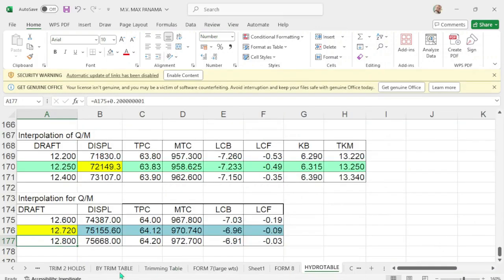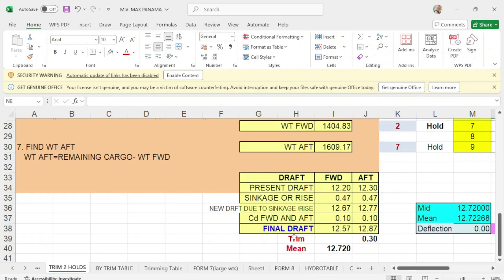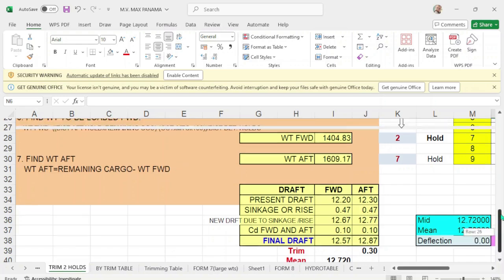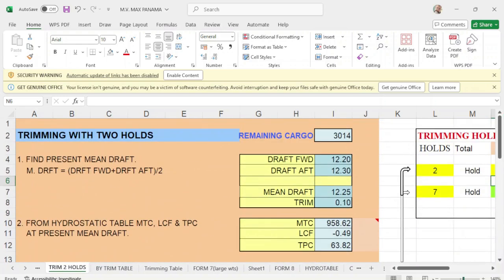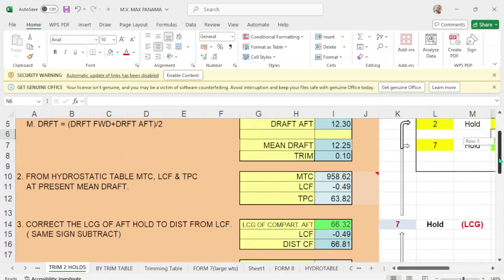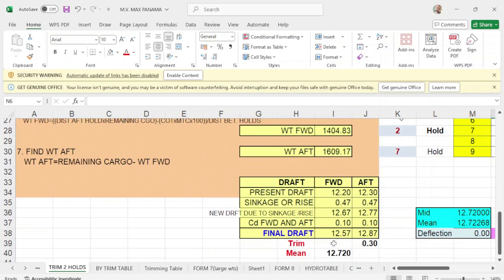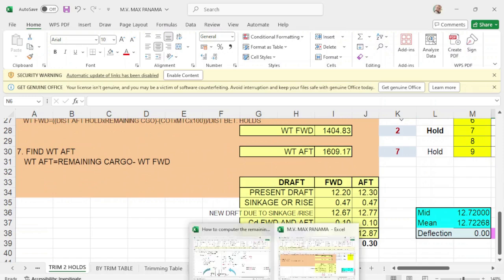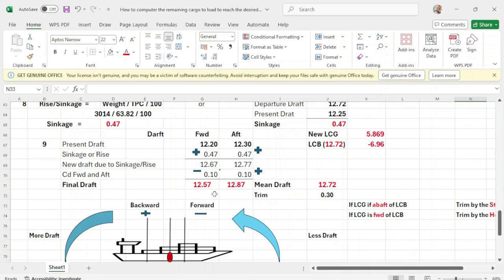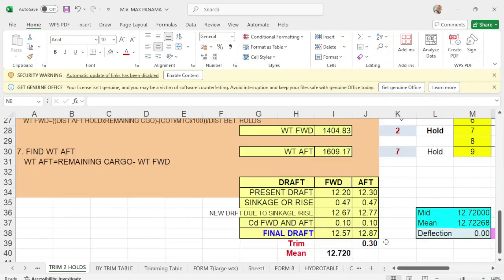That is the same here. This is trimming holds. Trimming with 2 holds, your departure drop forward will be 12.57, which is this one, and aft drop will be 12.87.